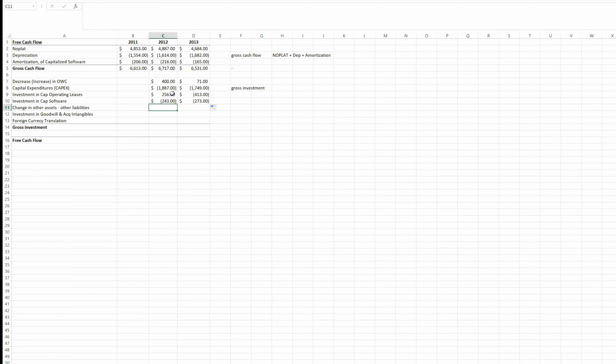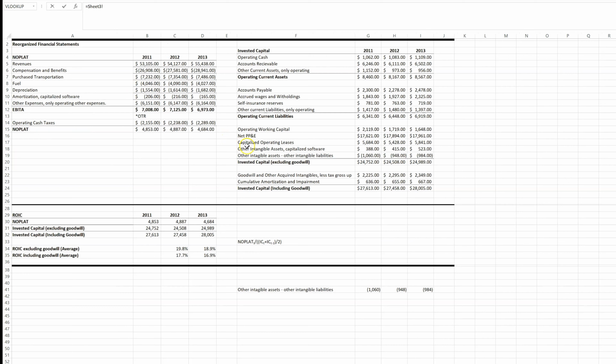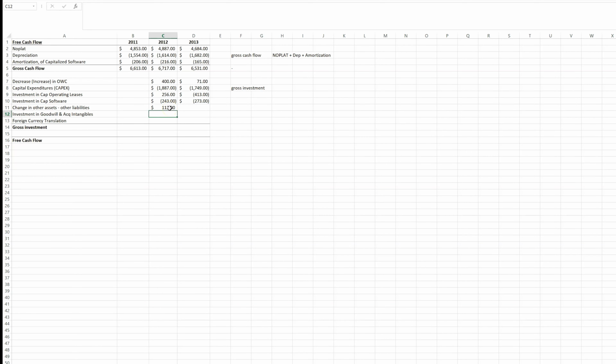Now my change in my other assets is just my change over time. Okay, so my other assets minus other liabilities. My change in goodwill and acquired intangibles.